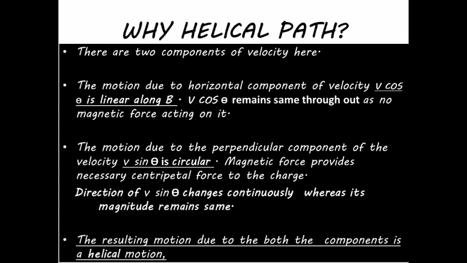The motion due to the perpendicular component of the velocity, v sin theta, will be circular, and the magnetic force only provides the necessary centripetal force. Important point: the magnitude of v sin theta again remains the same, it does not change. So what changes? Direction only. The direction of v sin theta changes continuously. Magnetic force is known as the centripetal force.